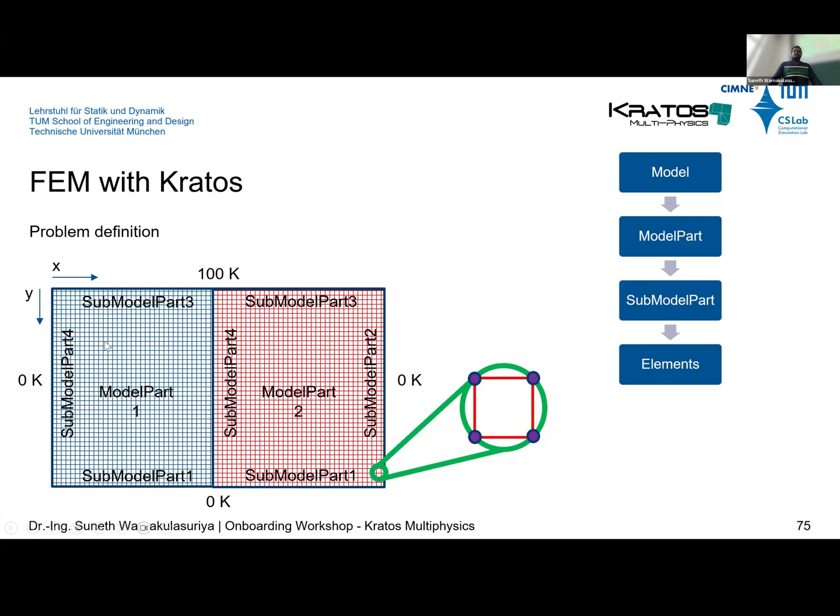For each physics also, we need to have separate model parts. Think of a situation where you have, I don't know how familiar you are with fluids. I'm not sure. Okay, because the only example that comes to my mind is fluid. The example is basically you can have the same domain with two physics.